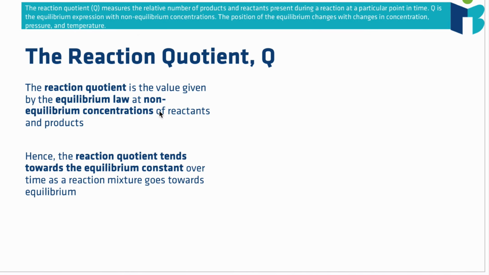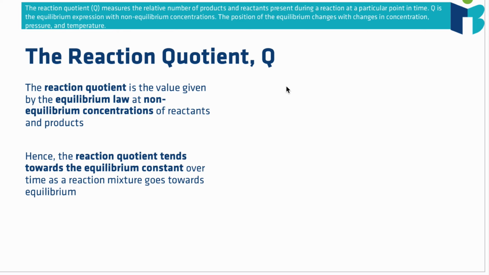So the last thing to define is the reaction quotient. And the reaction quotient is heavily related to the equilibrium law and the equilibrium constant because essentially it is just the value of the equilibrium law at non-equilibrium concentrations of reactants and products.